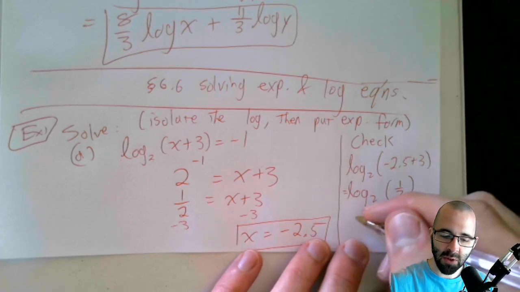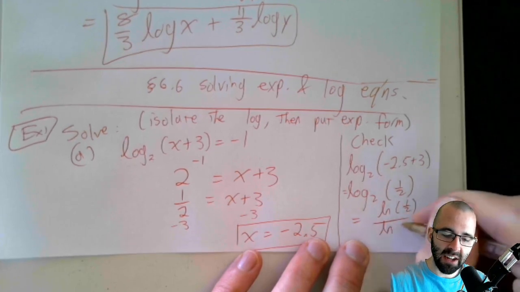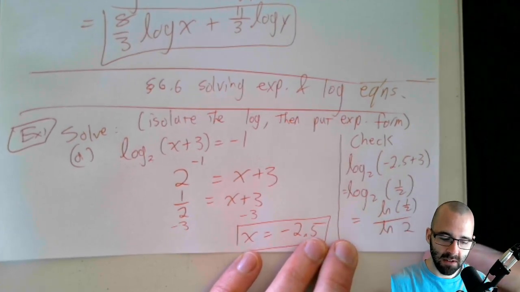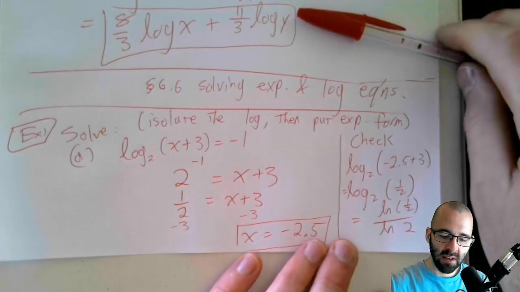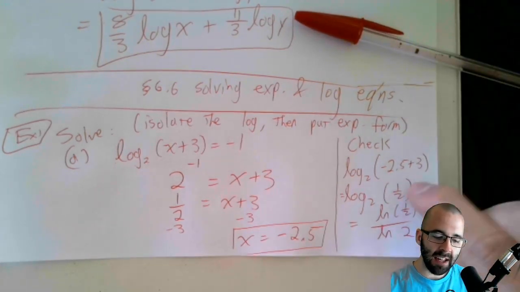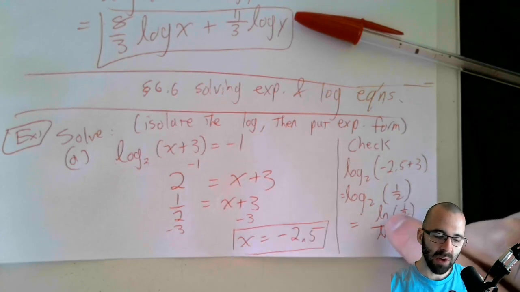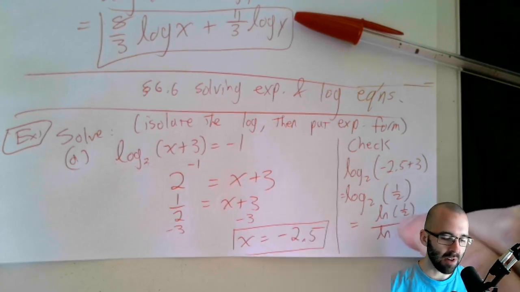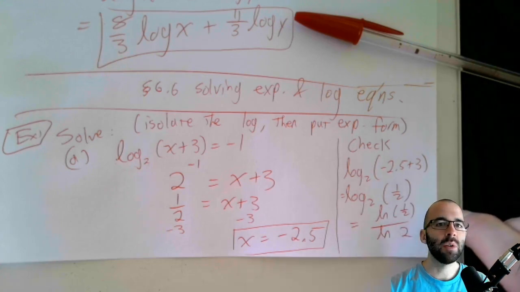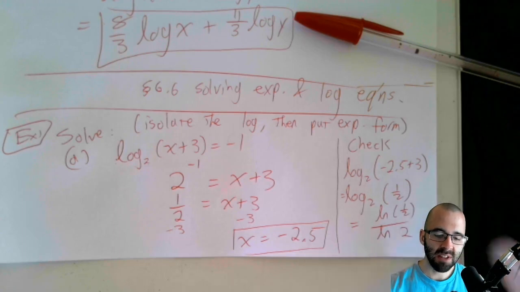Remember the change of base formula says we could turn this into the natural log of 1/2 divided by the natural log of 2. That's what the change of base formula says, right? That we can turn any logarithm into a ratio of logarithms. We can use the natural log, we can use the common log, we can use any base we want, and we can type this into our calculator.